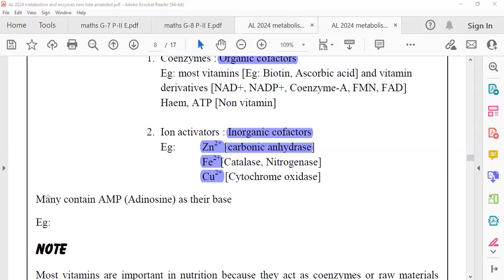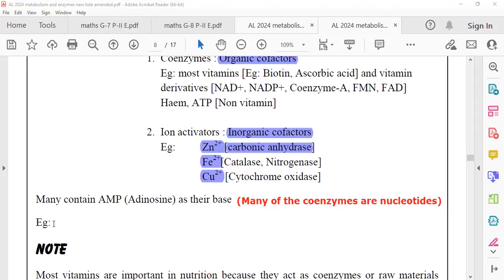Here I have written a point: many contain AMP as their base. That means many of the coenzymes are nucleotides. Mark that point.